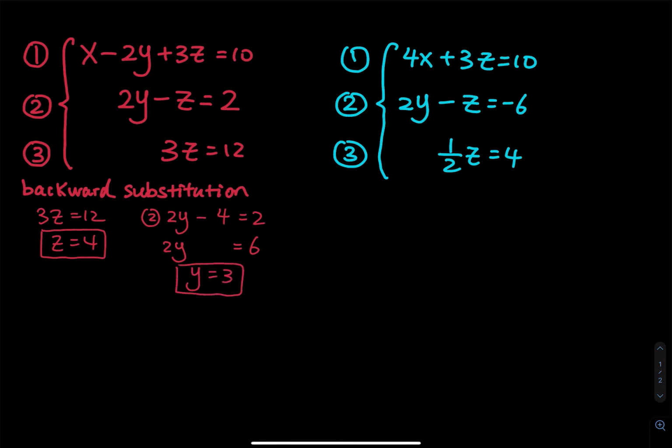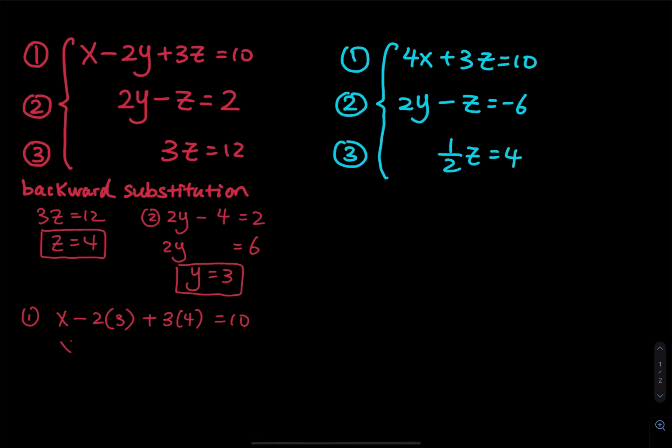So now we have z and y. How about x? Why don't we plug the y and the z into the first equation? The first equation is x minus 2y, which is 2 times 3, plus z, 4, equals 10.